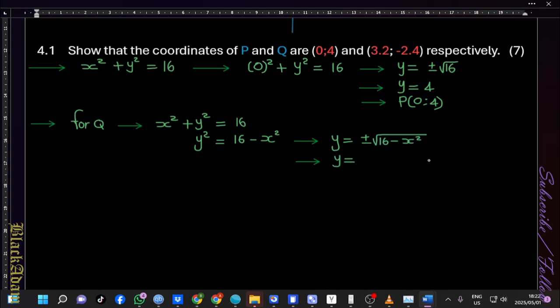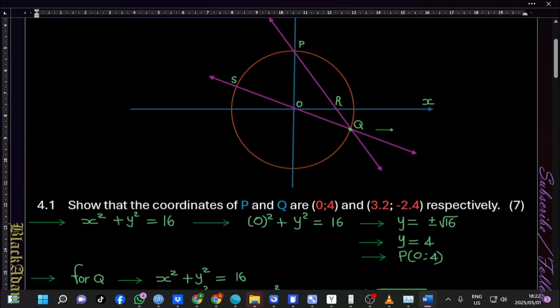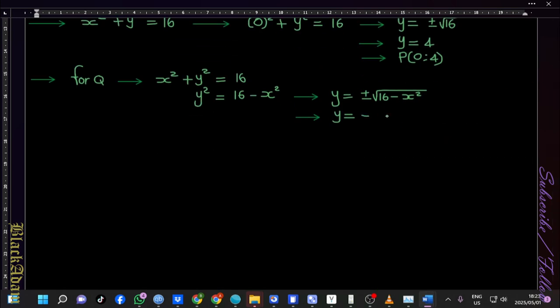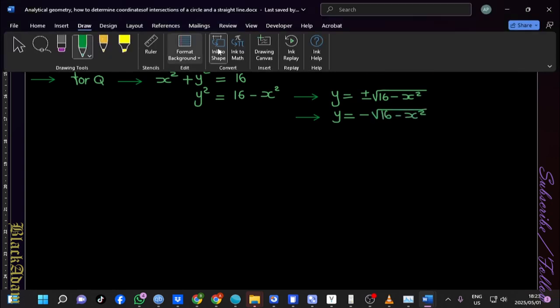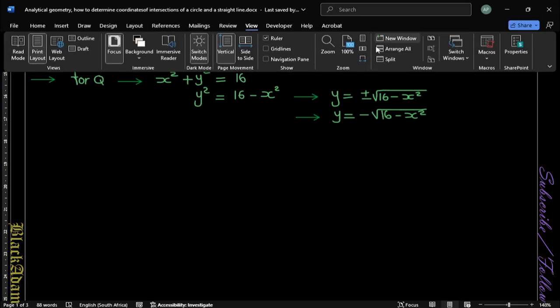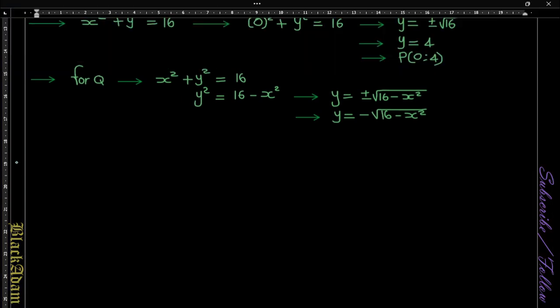Checking that point there, it's negative, so we take the negative root: y is negative root of 16 minus x squared.